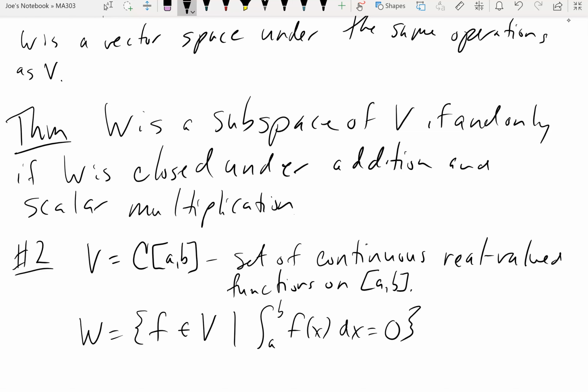That wouldn't work in this case because it's a set of continuous real valued functions, so I wouldn't have an improper integral. So W is not empty. There are functions that have a 0 integral here.